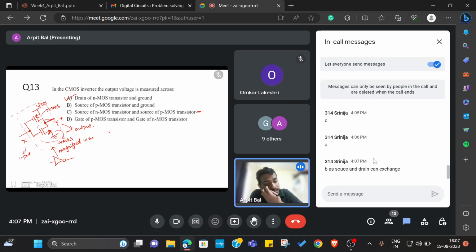We have one more answer here, that source and drain can exchange, correct. Here you can see this is the drain of NMOS, as well as the drain of PMOS. In option B it is mentioned that source of PMOS. Instead of source we can say drain of PMOS transistor and ground. So that is also the correct answer.